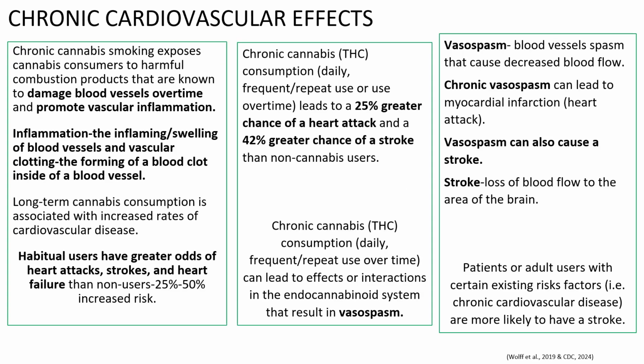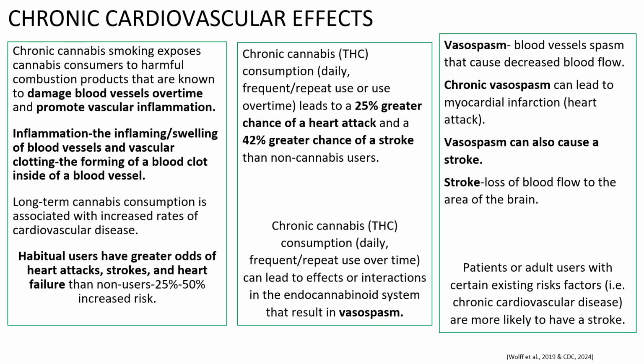Chronic cannabis smoking exposes cannabis consumers to harmful combustion products that are known to damage blood vessels over time and promote vascular inflammation. Long-term cannabis consumption is associated with increased rates of cardiovascular disease. Habitual users have greater odds of heart attacks, strokes, and heart failure.